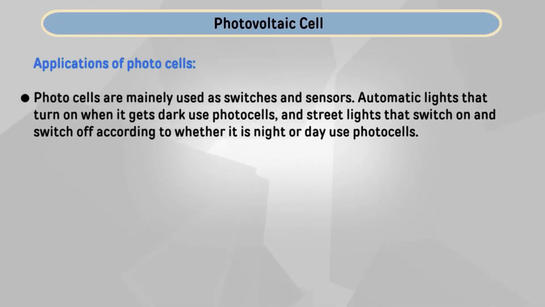Now, the applications of the photoemissive cell. Photo cells have many applications, and obviously some mimic the earlier applications we have discussed, especially as switches and sensors. Automatic lights that turn on when the gate is dark use photo cells, and street lights that can switch on and off according to whether it is night or day use photo cells.